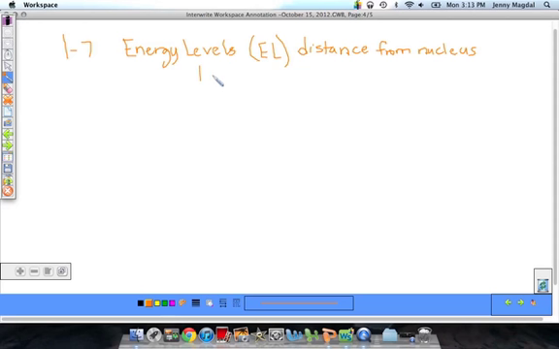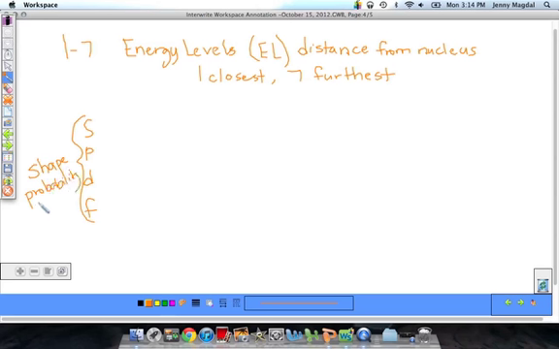One being the closest, 7 being the furthest. Okay, we also saw things like S, P, D's, and F's. These are keys to us as to the shape of the probability of where we will find the electron.